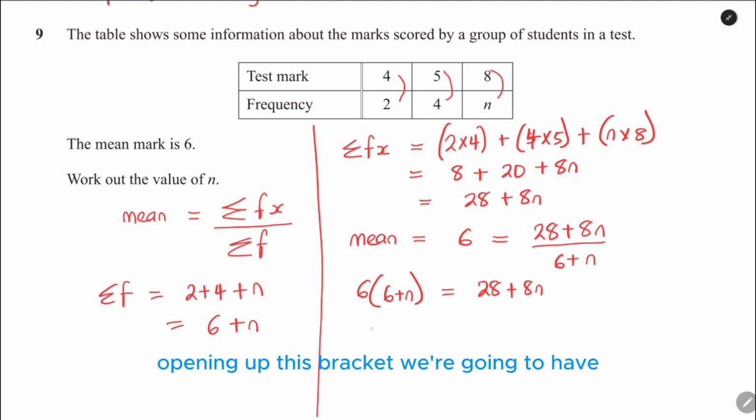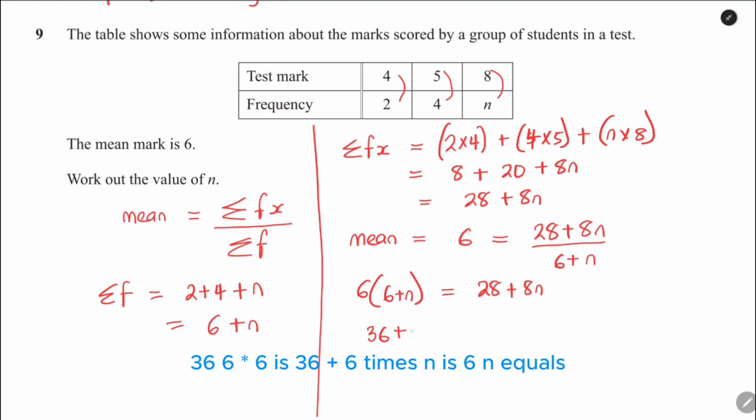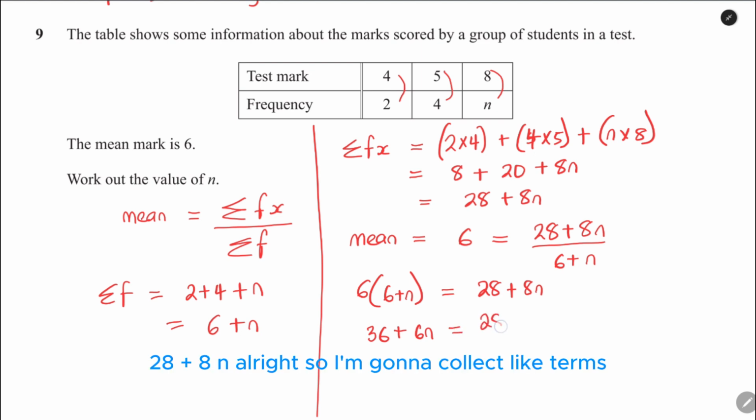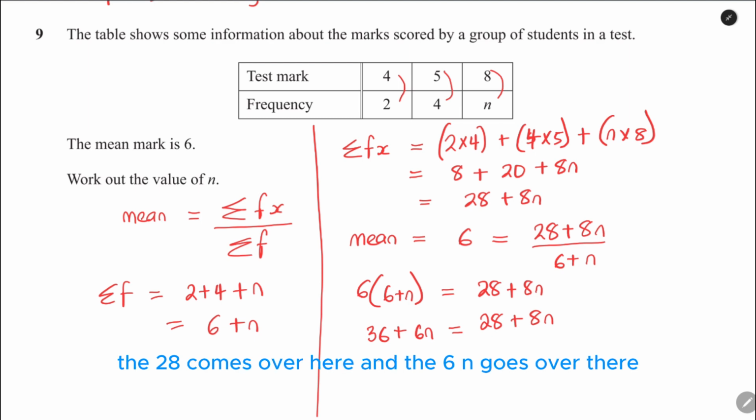Opening up this bracket, we're going to have 36. 6 times 6 is 36, plus 6 times n is 6n, equals 28 plus 8n. All right, so I'm going to collect like terms. The 28 comes over here and the 6n goes over there.